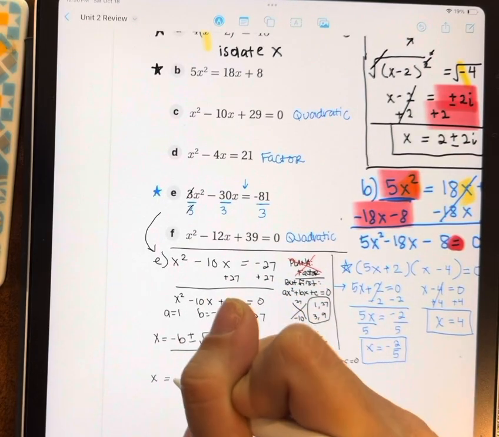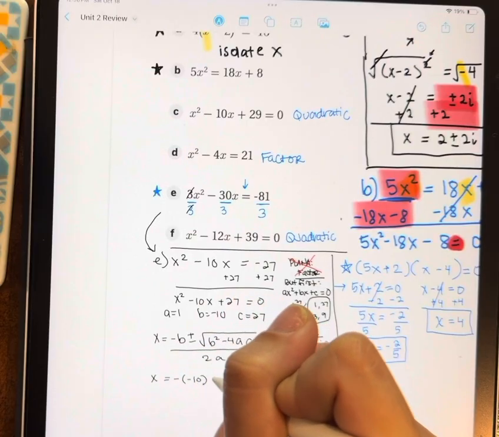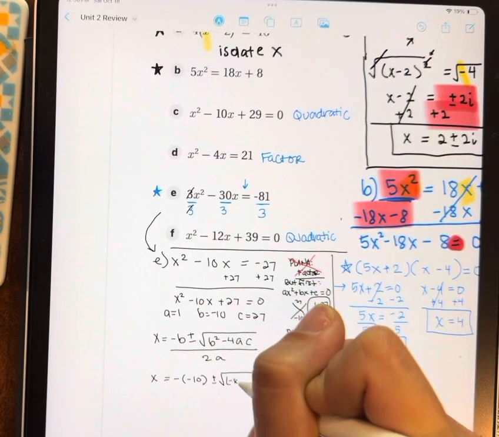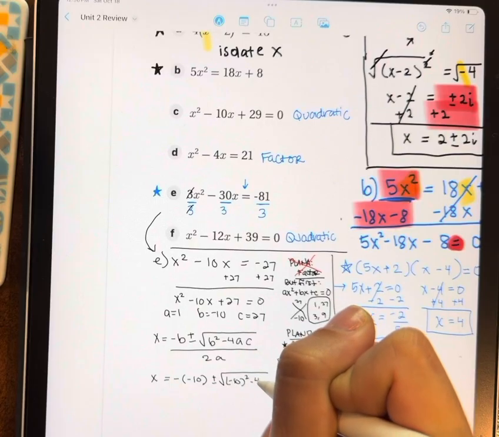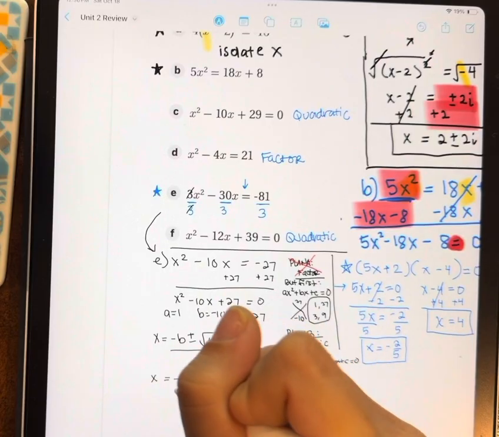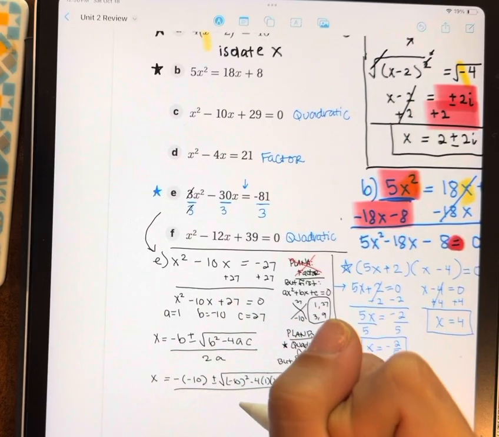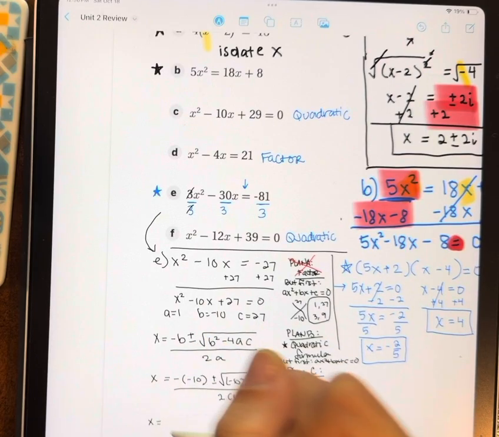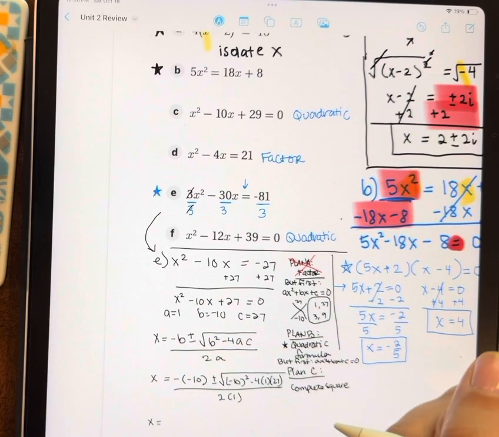x equals negative negative 10 plus or minus the square root of negative 10 squared minus 4 times 1 times 27, all divided by 2 times 1. And now I go simplify each term without mixing terms with each other.